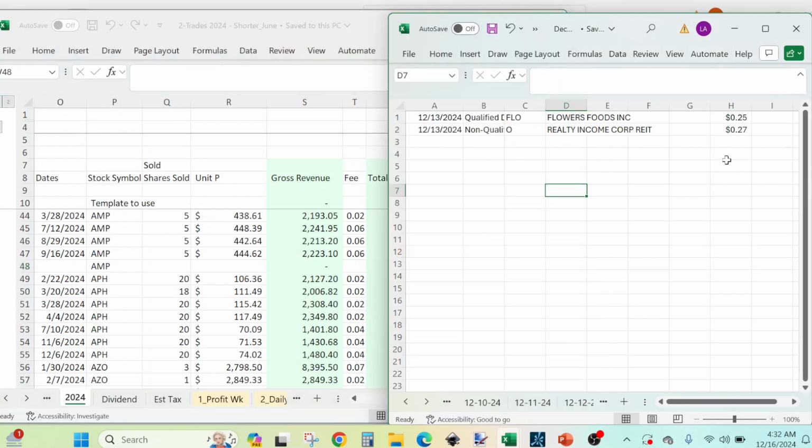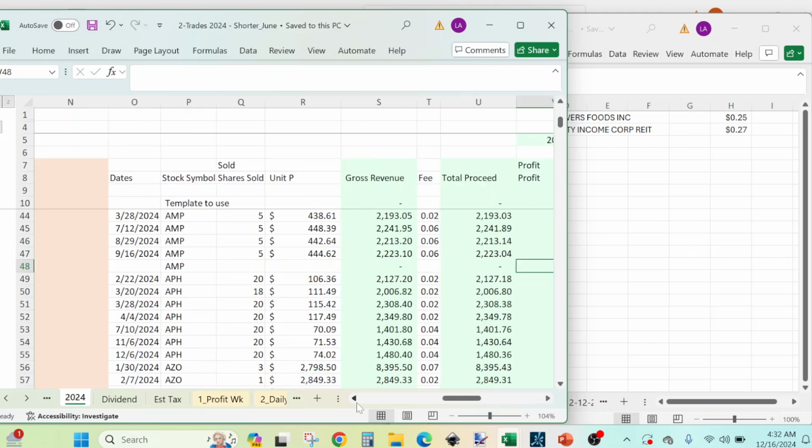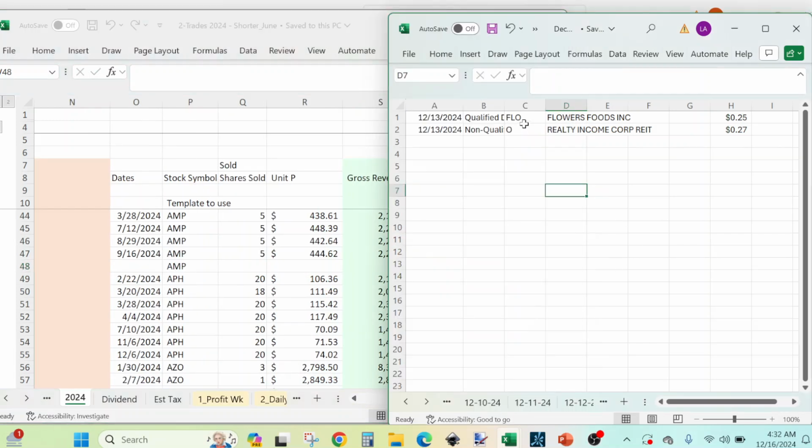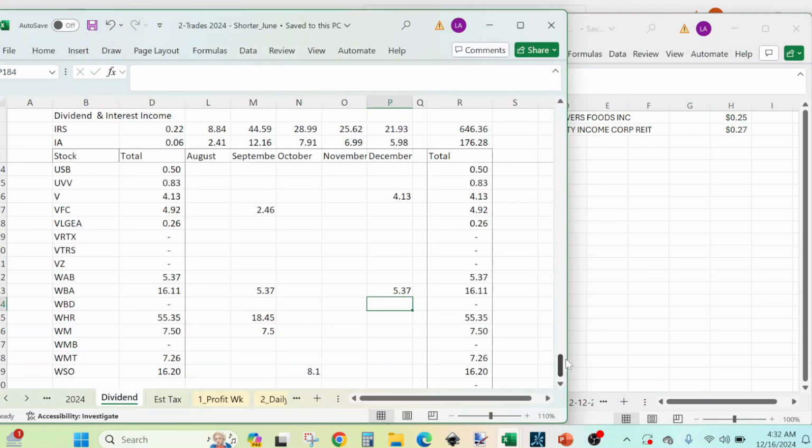So we didn't really purchase anything at all on Friday, and we didn't sell anything either. On the 13th, we did earn some dividend from two stocks that we purchased for dividend income purposes. So we are going to go to our dividend record sheet and look for those stocks.